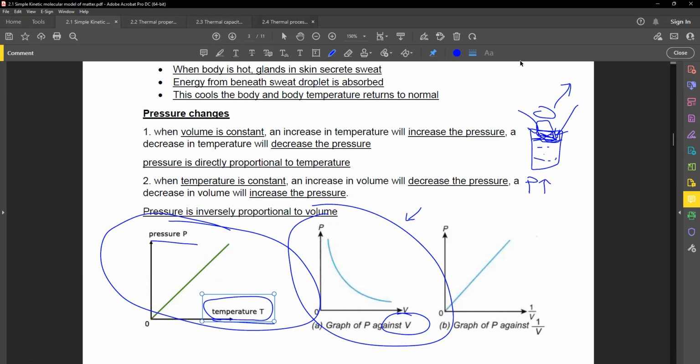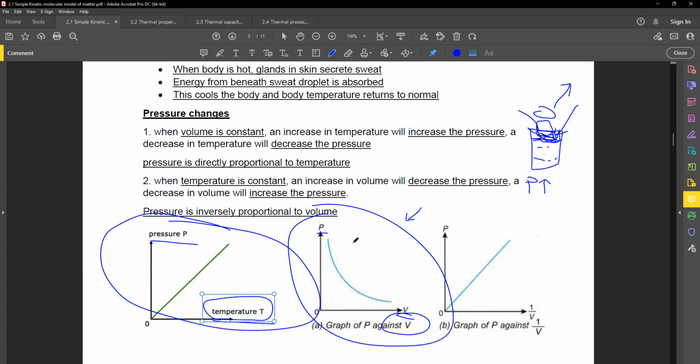If you ever compressed a balloon before, you'll notice that as you compress it smaller and smaller, you feel that the balloon is more likely to burst already because the pressure is actually increasing greater and greater, guys. So, just understand that a decrease in pressure is definitely going to increase the volume, and an increase in pressure is going to decrease the volume, guys. They are always the opposite, right?